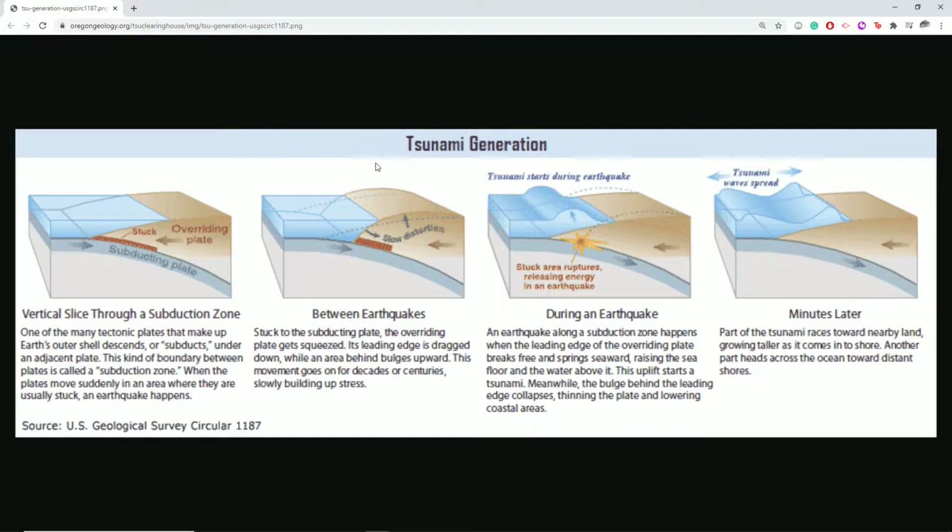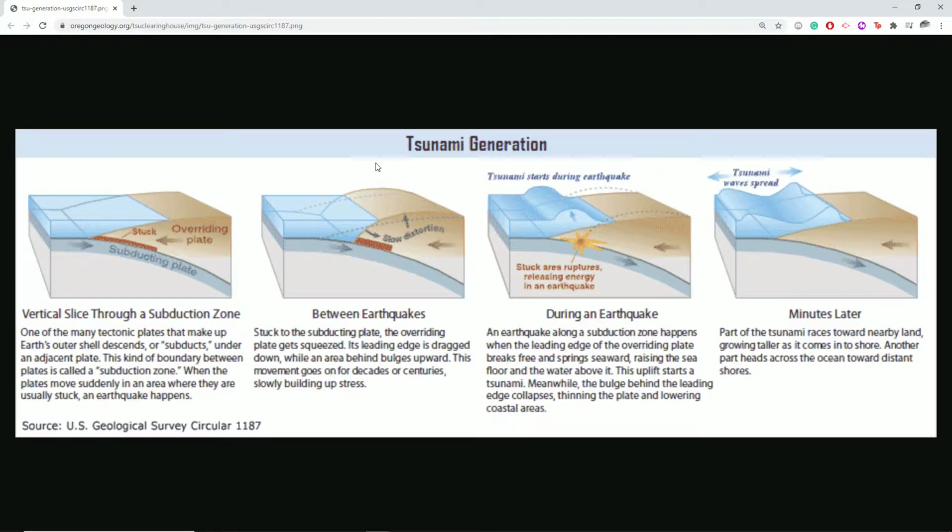So that sudden movement and energy going upwards will move the water up substantially until the force of gravity equals out and starts pushing it back down, and that will cause a tsunami, or basically a giant ripple effect.